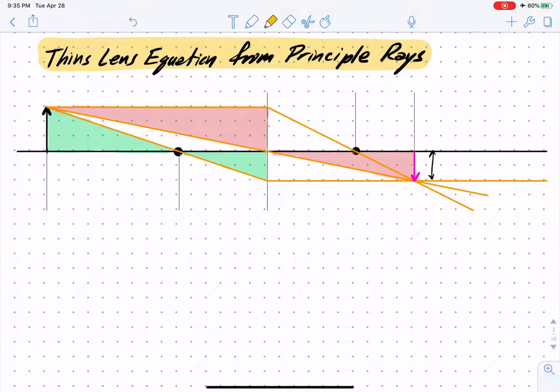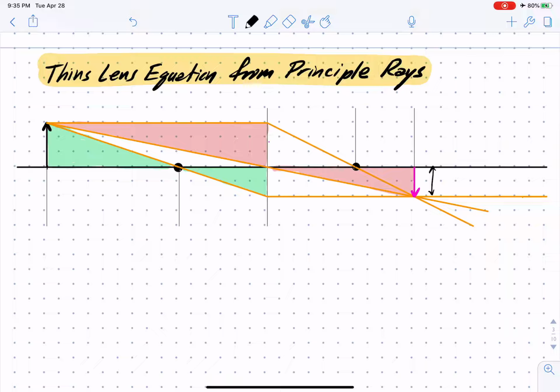Okay. But what I've done is I've colored in 4 triangles in 2 different colors, and hopefully you can see that the 2 green triangles are similar triangles, and the 2 pink triangles are also similar triangles. So let's label some distances now on here.